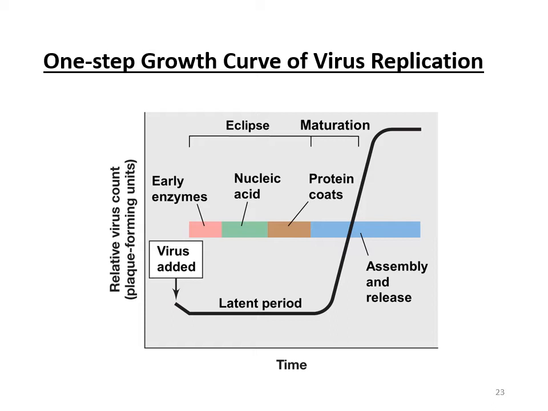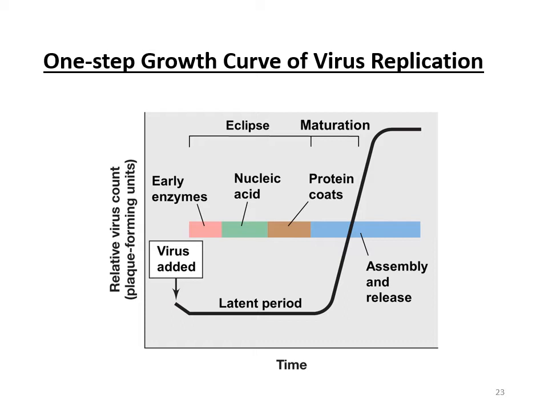The reason it's called that is that if you were to do a time course study looking at a viral infection in culture, picture growing a bunch of media with bacterial cells that you're infecting with viruses, you won't see any increase in virus number until, boom, those viruses start bursting out of the cell.